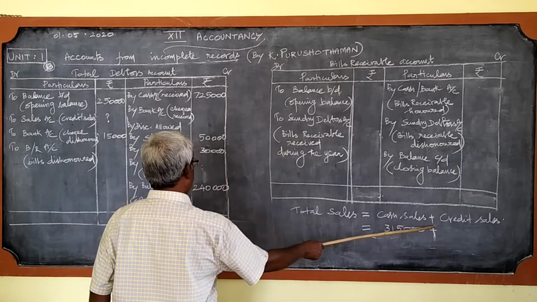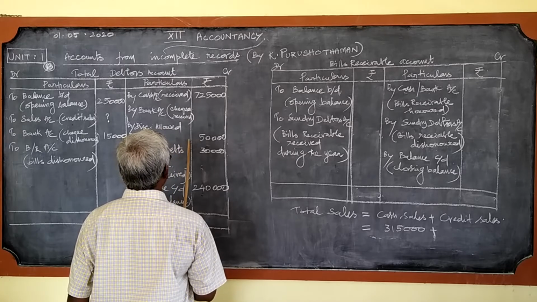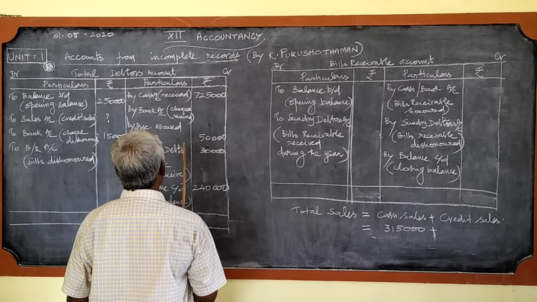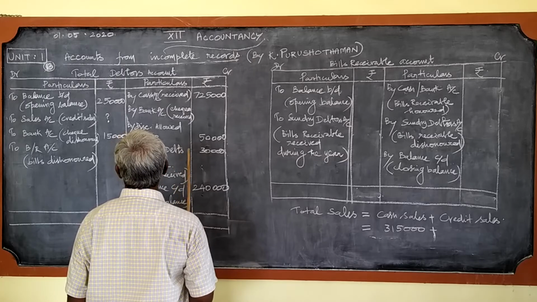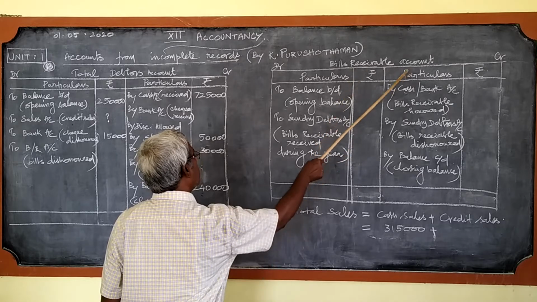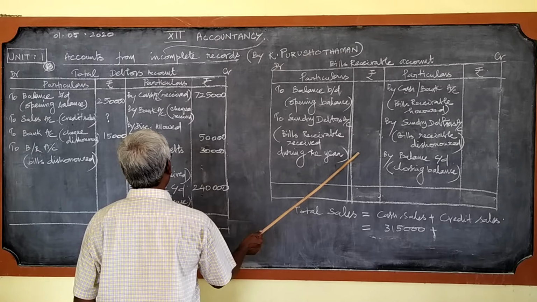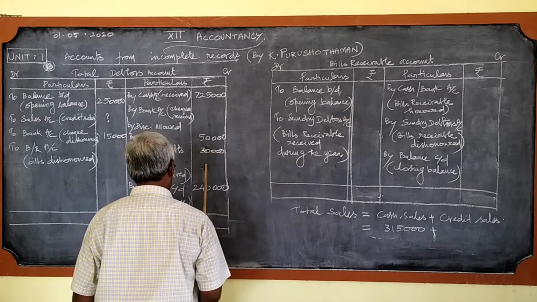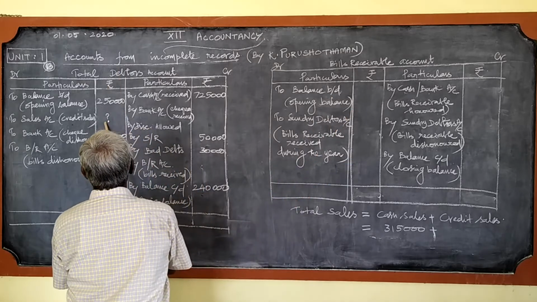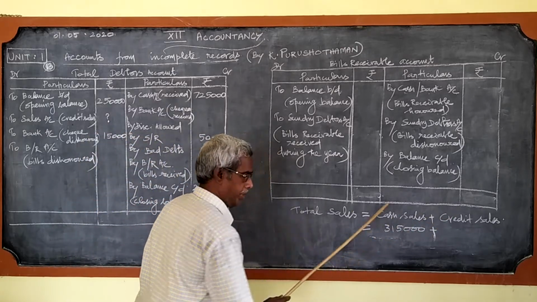This format is not fully complete. It is missing bills receivable received. For that we approach the bills receivable account. From this we find bills receivable received and substitute that amount here. Then we find the credit sales, and this credit sales is brought here to find the total sales.